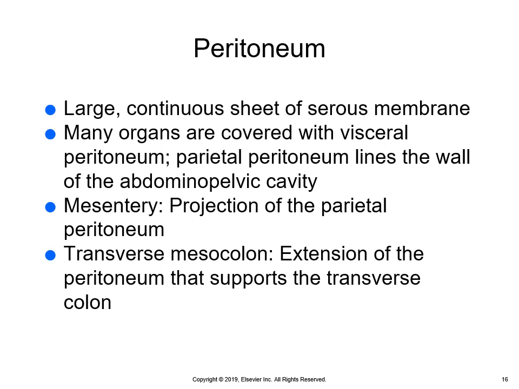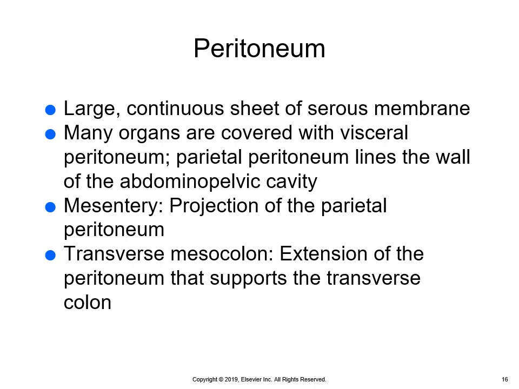It also provides protection and lubrication in terms of reducing friction whenever we have movement in that area. Another part of the peritoneum that we have is the parietal peritoneum. The parietal peritoneum basically lines the inner wall of the abdominal pelvic cavity, and it also helps anchor those organs and separate them from the extra peritoneal spaces.